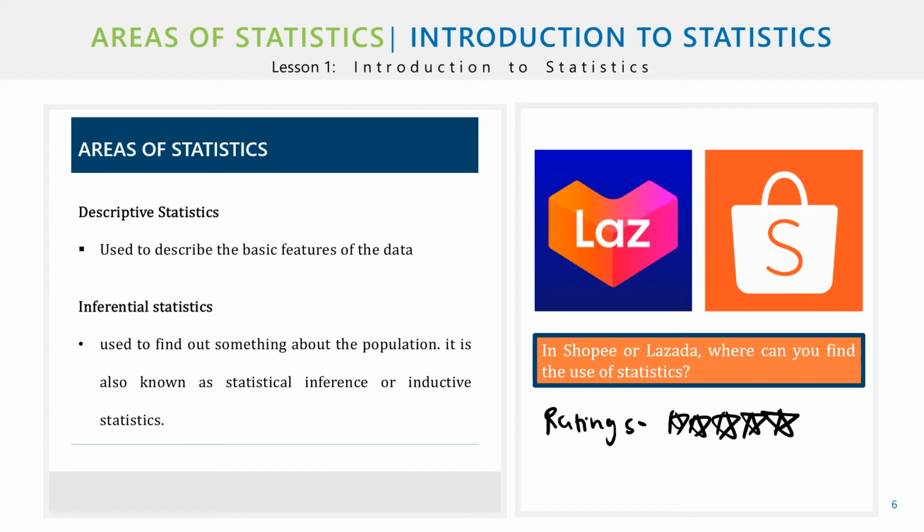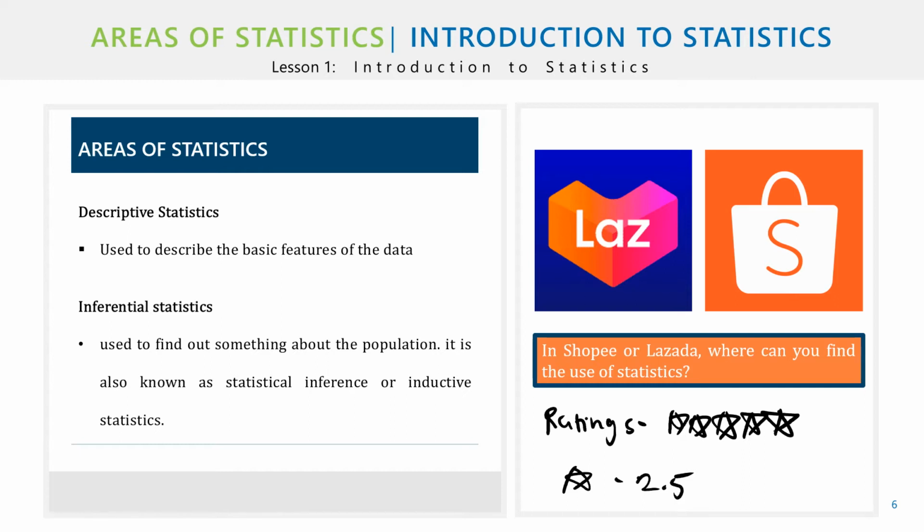Now, for example, if I will buy a certain item in Lazada and the rating I saw is 2.5, am I going to buy it despite how beautiful the pictures are, how edited the picture is? Di ba? The answer is no. Why? That is because of the rating itself, di ba? It is 2.5.